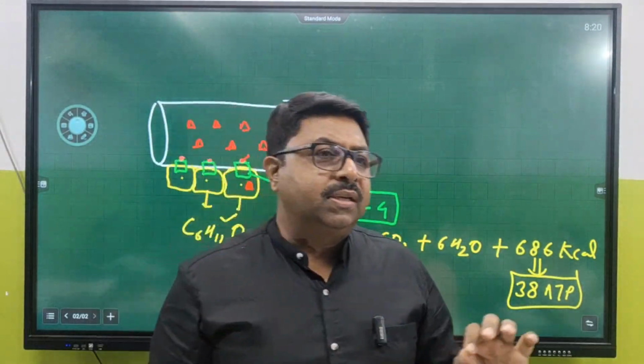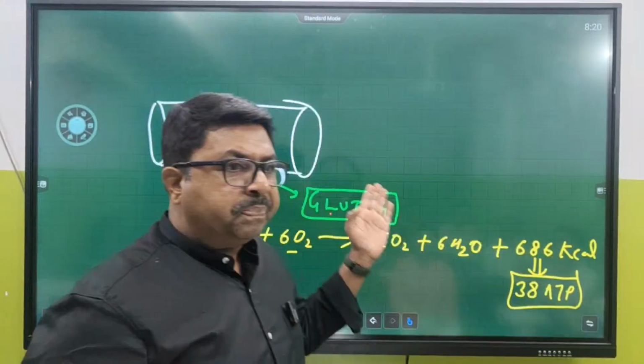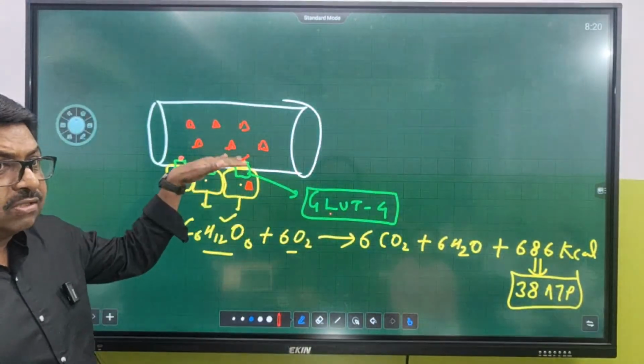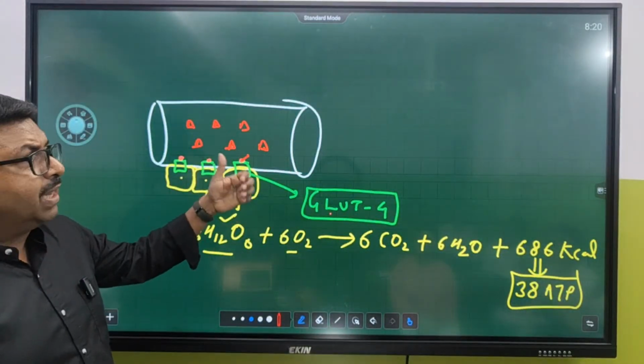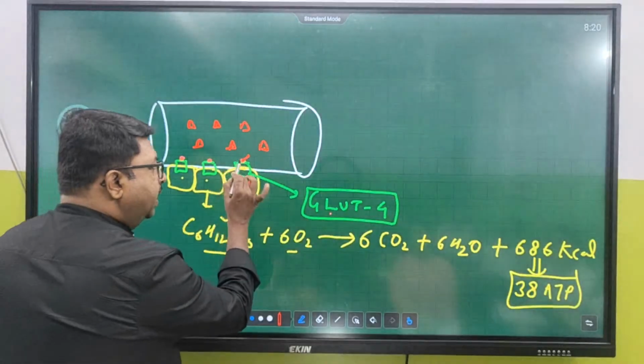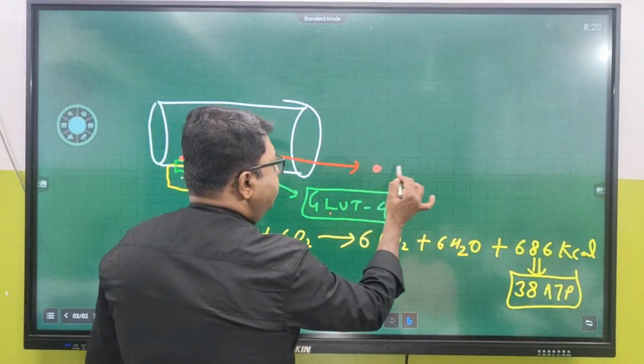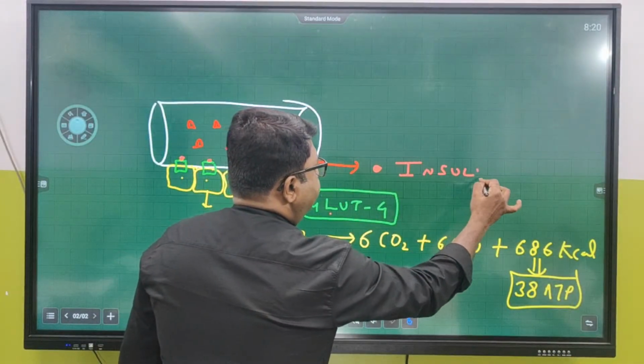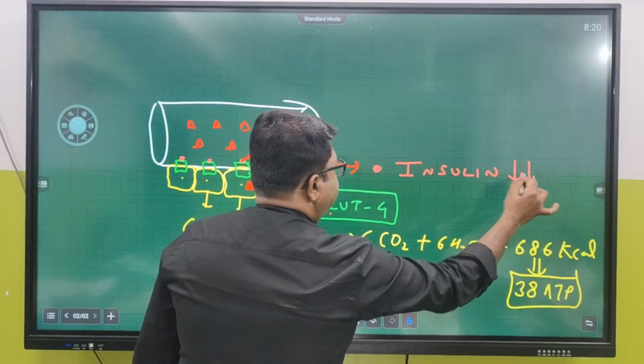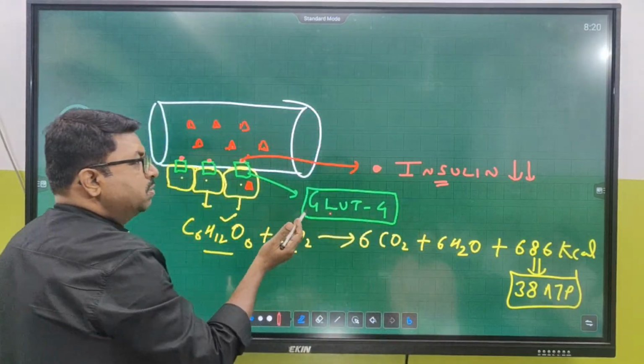And if the glucose enters inside the cells, ultimately what is going to happen? Your bloodstream is going to have less glucose. Got the point? So that is our purpose. But if there is a problem in the formation of insulin, if there is less insulin, then the glucose uptake will be less. The glucose amount is going to increase.